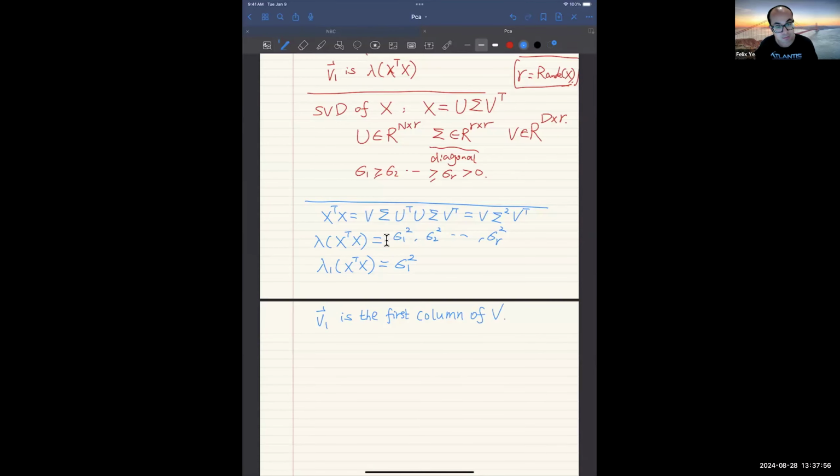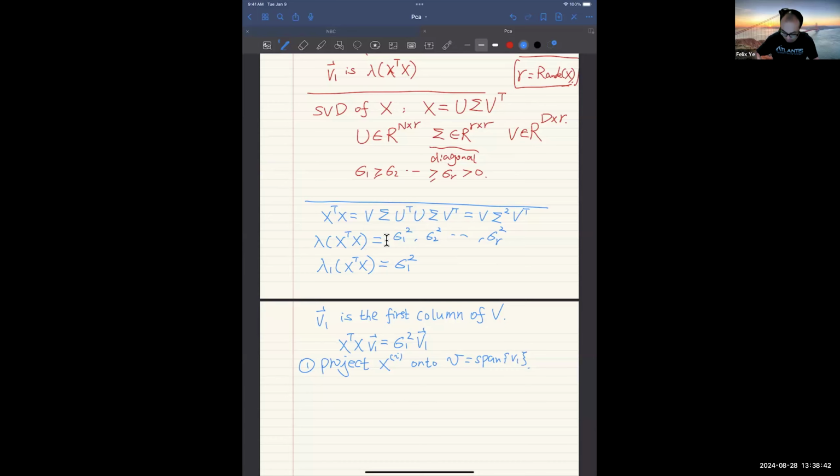So that means X transpose X V1 equals sigma 1 squared V1, right? So we can take advantage of everything, and we can project all my data onto V. So project X of i onto V, which in this case will just be the span of V1.